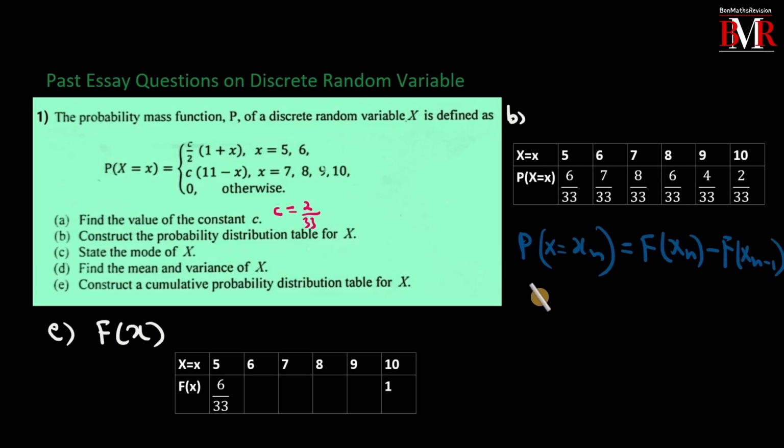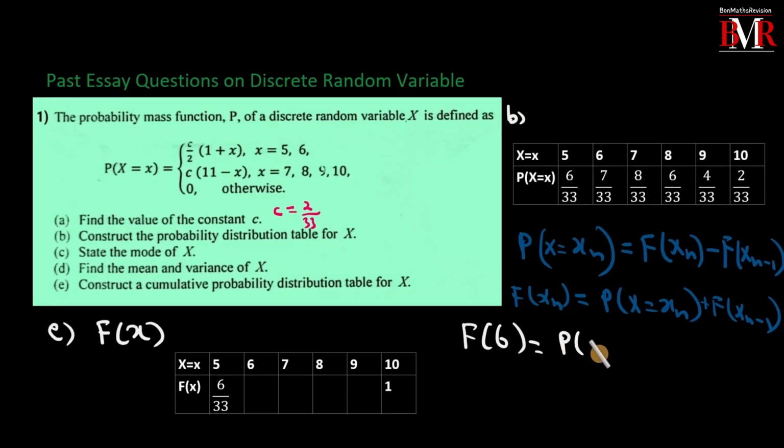That is, from this formula, F of xn will be equal to the probability of x at xn plus F of xn minus 1. Since minus F of xn minus 1 becomes positive when it crosses the other way, that means F of 6 is equal to the probability of x equals 6 plus F of 5.